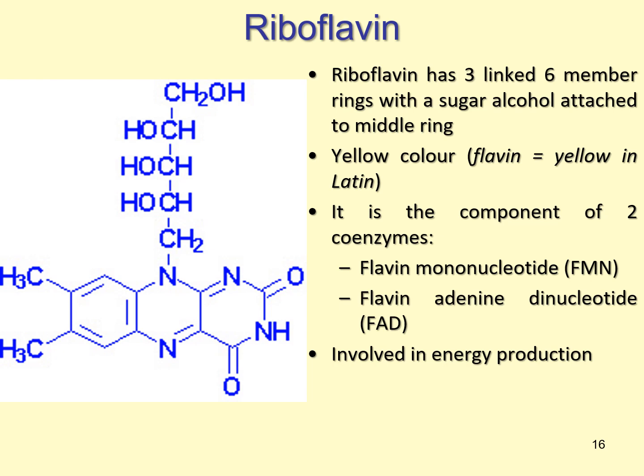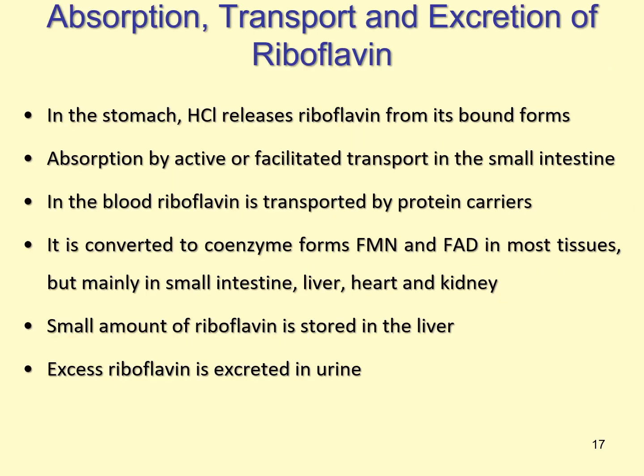It is a component of two coenzymes, flavin mononucleotide, FMN, and flavin adenine dinucleotide, FAD. These are the two common coenzymes for riboflavin, involved especially in energy production. This is the structure of riboflavin.